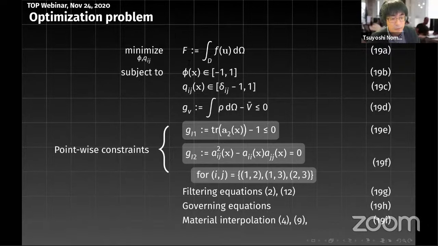That is, we just want to minimize a simple objective function with respect to the design variables, phi, which corresponds to the density, and q, which controls the orientation. We also apply the volume constraint, and in order to make the orientation design variable a tensor, we constrain the tensor invariants using equations 19e and f.